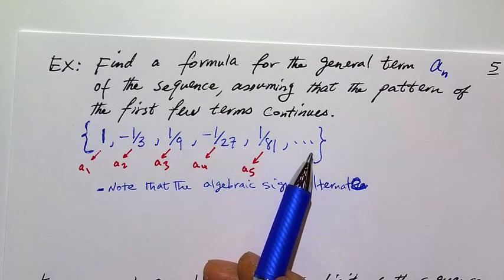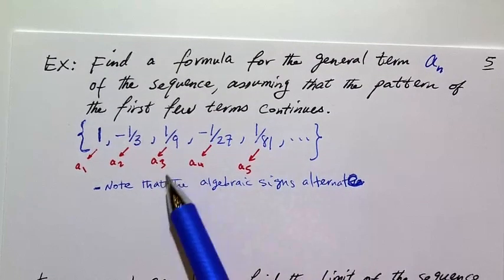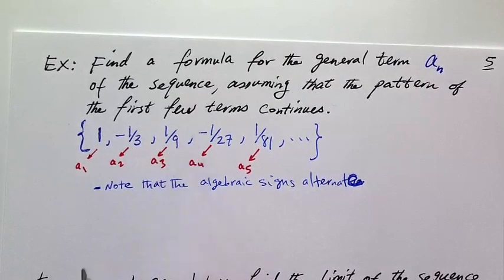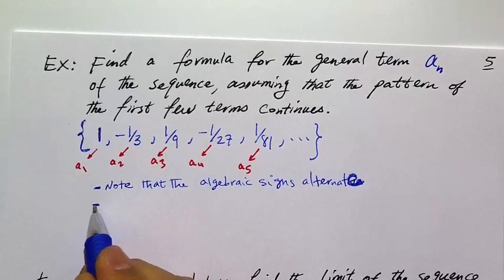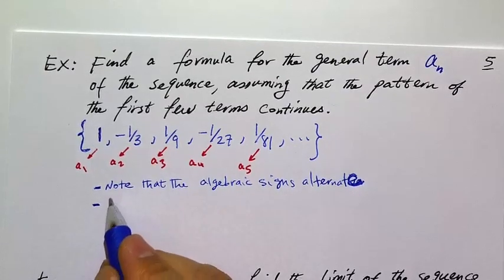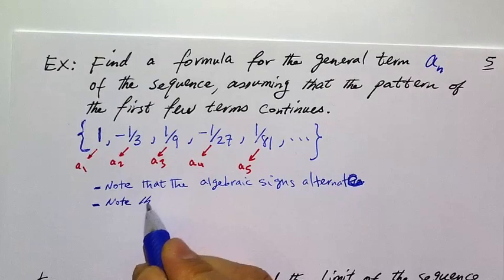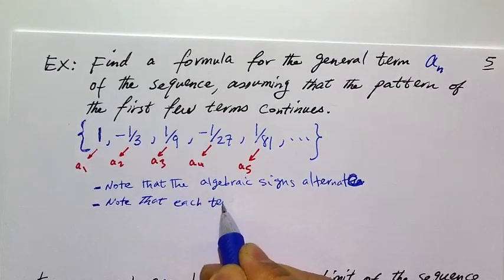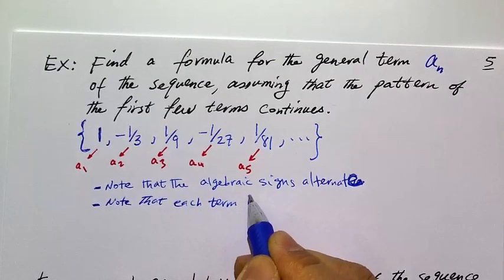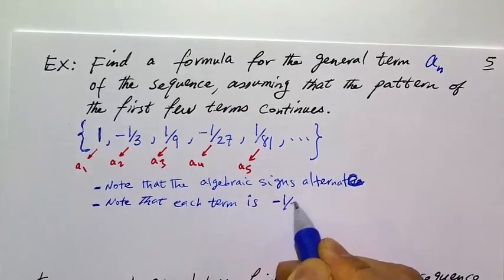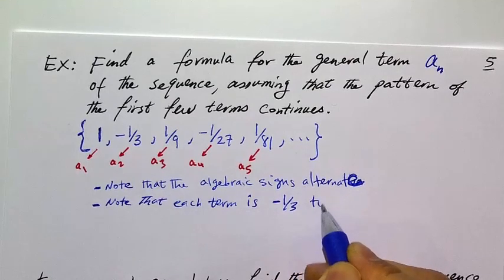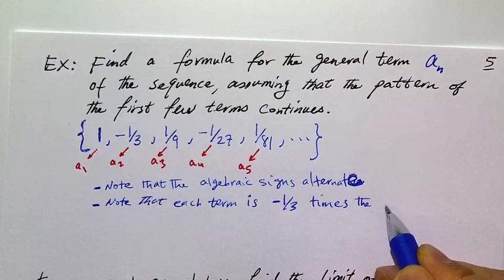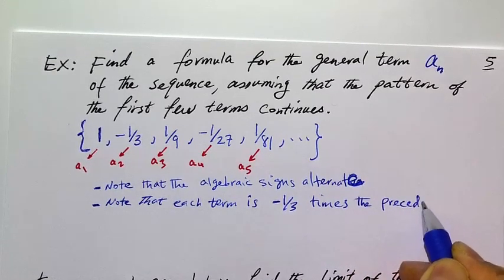So 1/3 is part of the pattern in the sequence. So also, each term is minus 1/3 times the preceding term. That's another pattern.